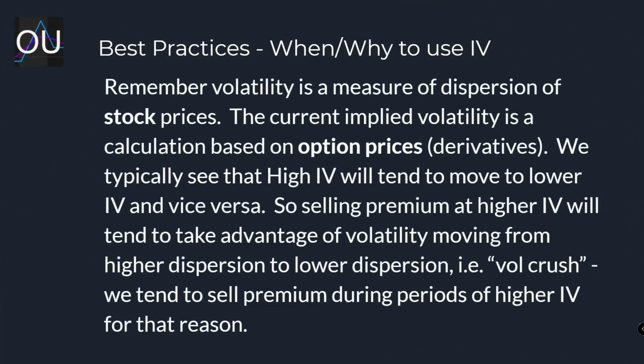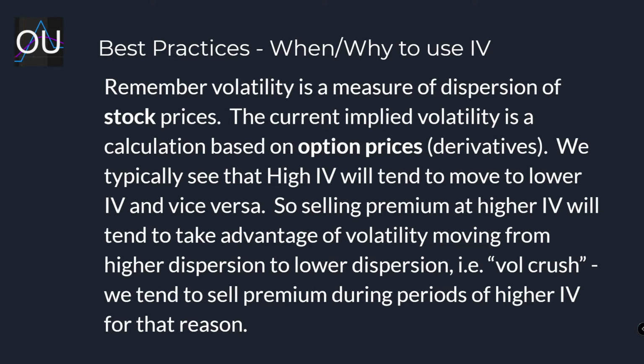So when to use and why to use IV. Remember that volatility is the measure of dispersion of the stock price, right? The current implied volatility is a calculation based on the option price. It's a derivative. We typically see that high IV will tend to move to lower IV and vice versa. So selling premium at a higher IV will tend to take advantage of volatility moving from a higher dispersion to a lower dispersion.